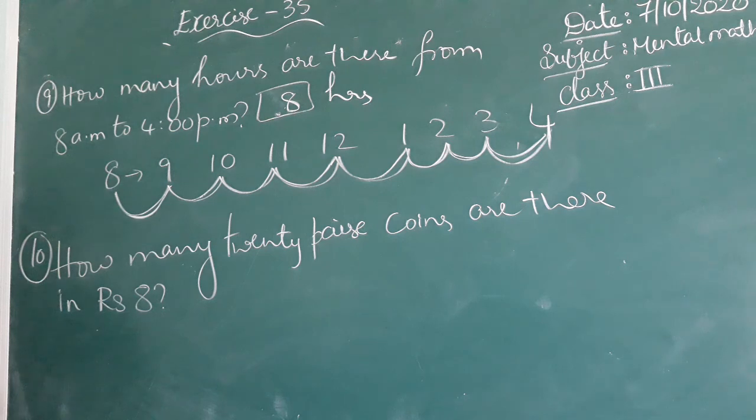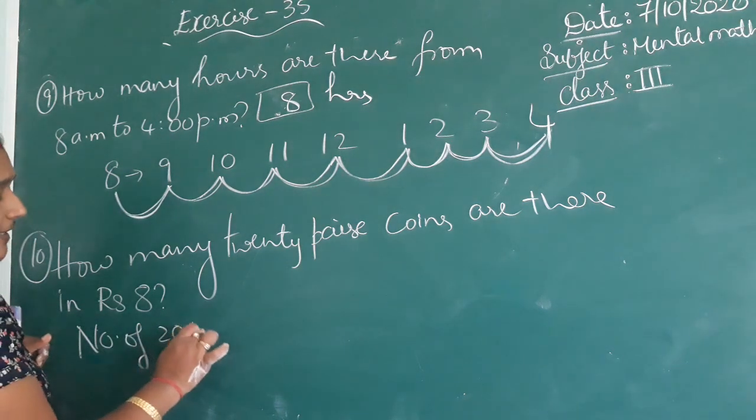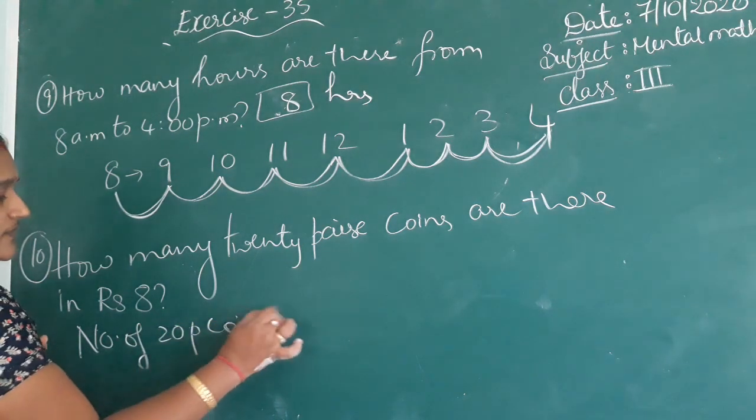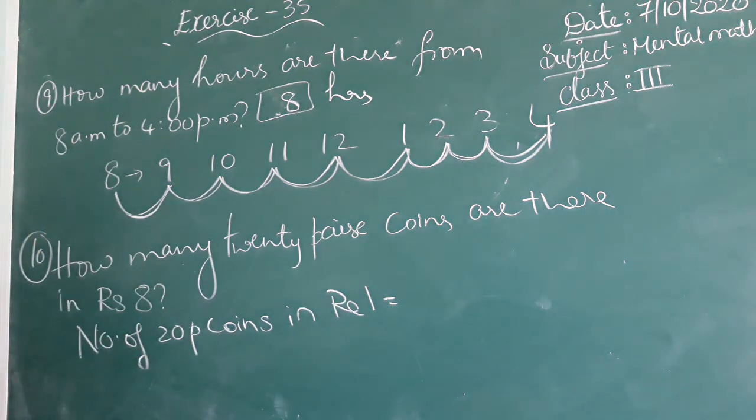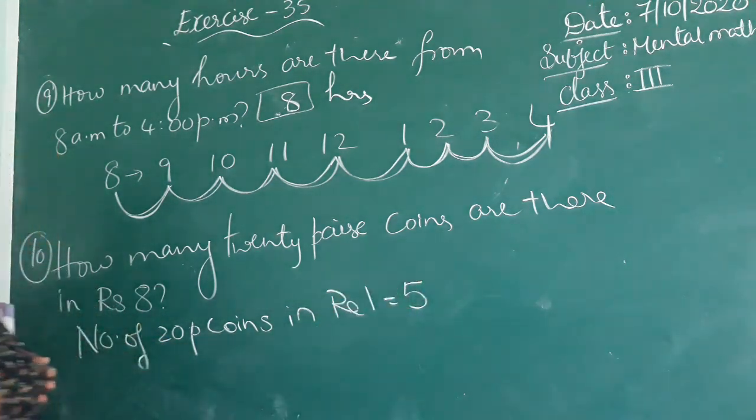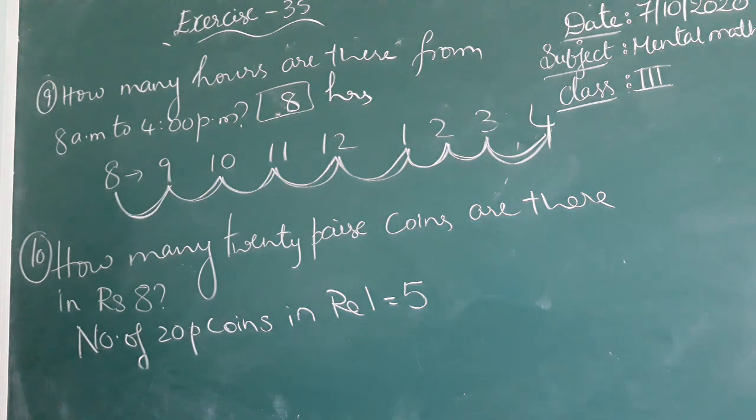How many 20 paise coins are there in 1 rupee? How many will be per 1 rupee? 5 coins will be. They are asking for 8 rupees.